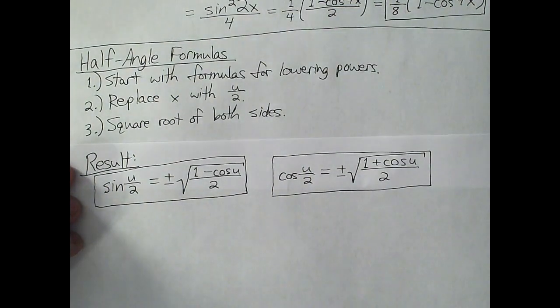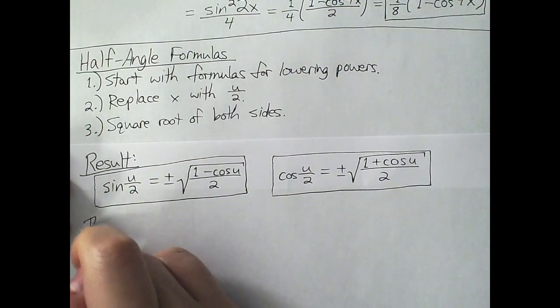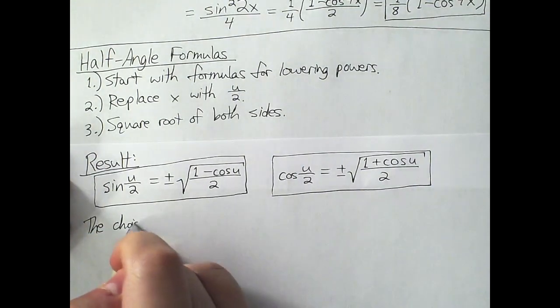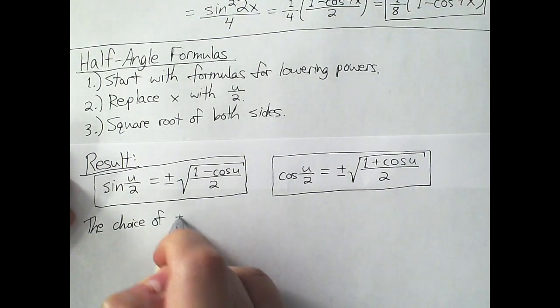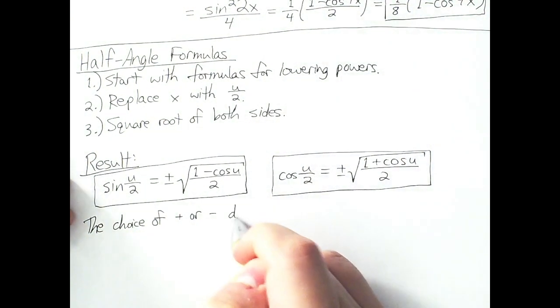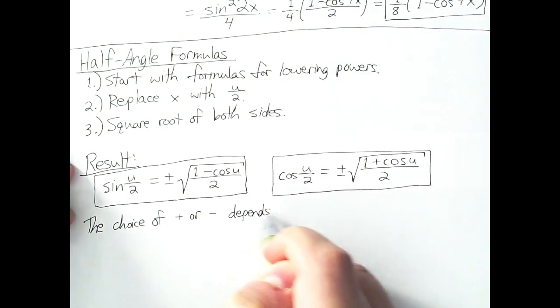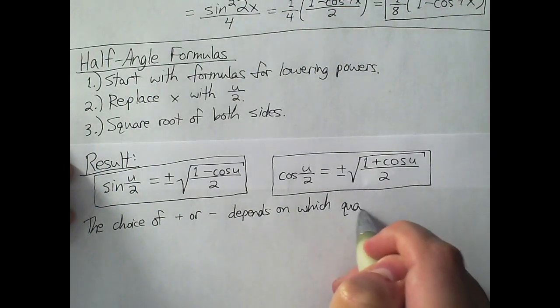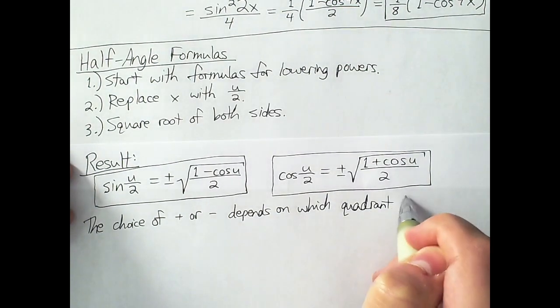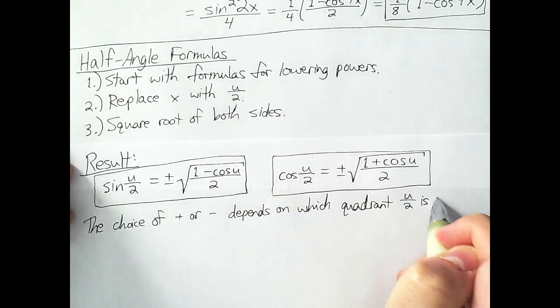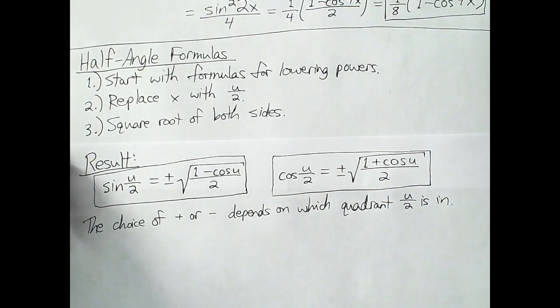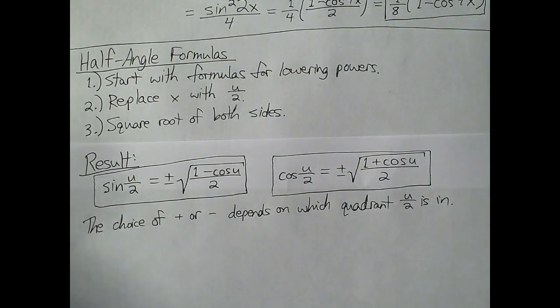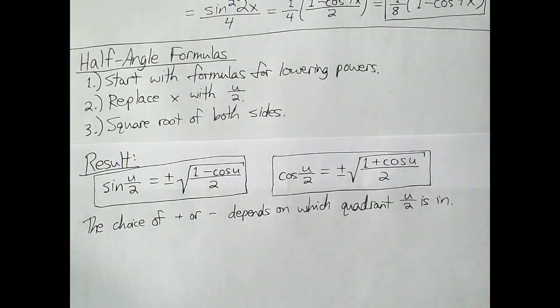What's the deal with the plus and minus, though? Like, is it plus or is it minus? I'm going to tell you the choice of plus or minus depends on which quadrant u over 2 is in. We're doing sine of u over 2, or we're doing cosine of u over 2. So u over 2 is the angle that we're interested in.